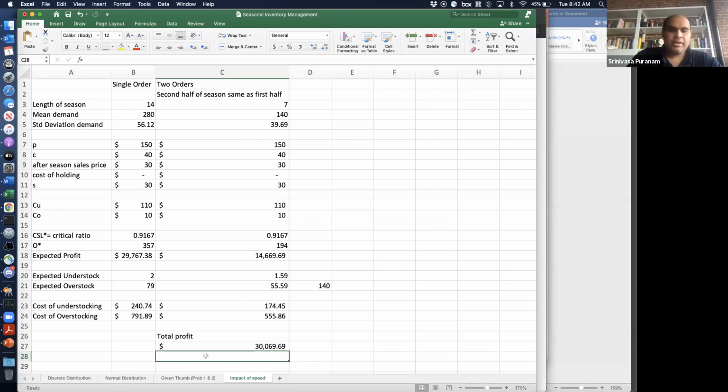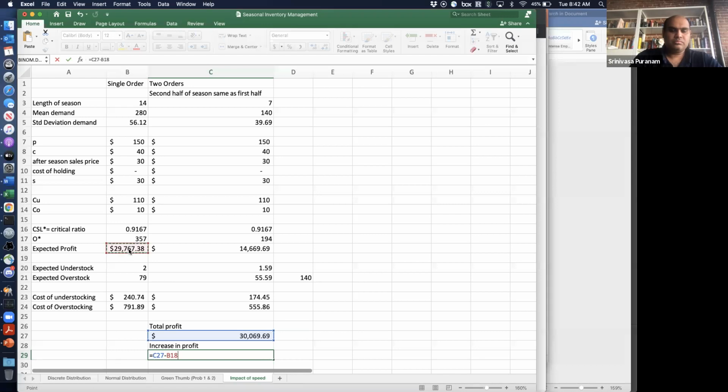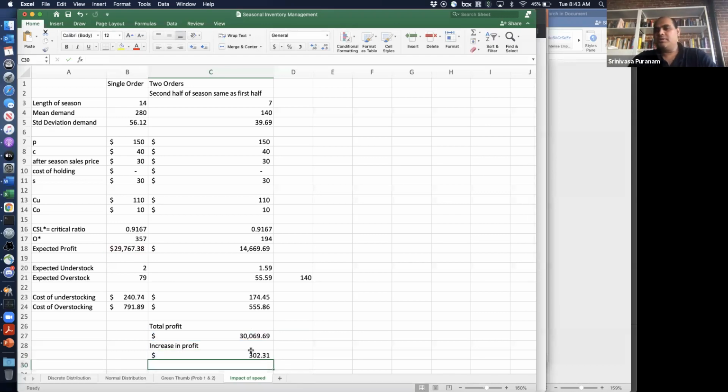And so the increase in profits is slightly smaller, about $302.31. That's how much more you will make by placing 2 orders in a season. That doesn't seem like a lot, but that's a 1% increase in net profit. That's a decent increase, right?